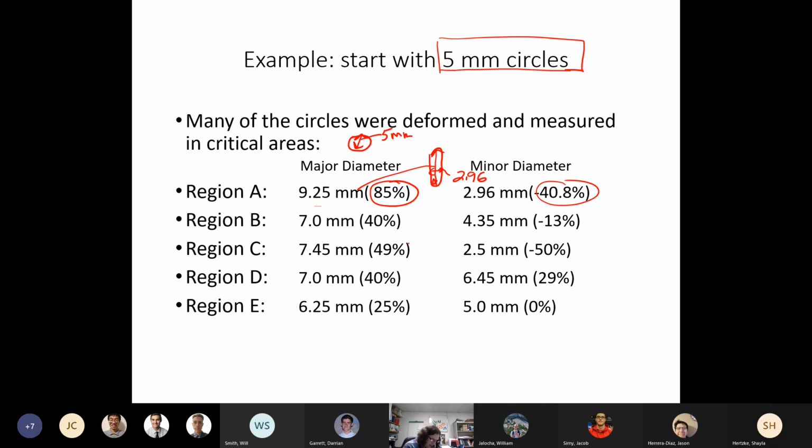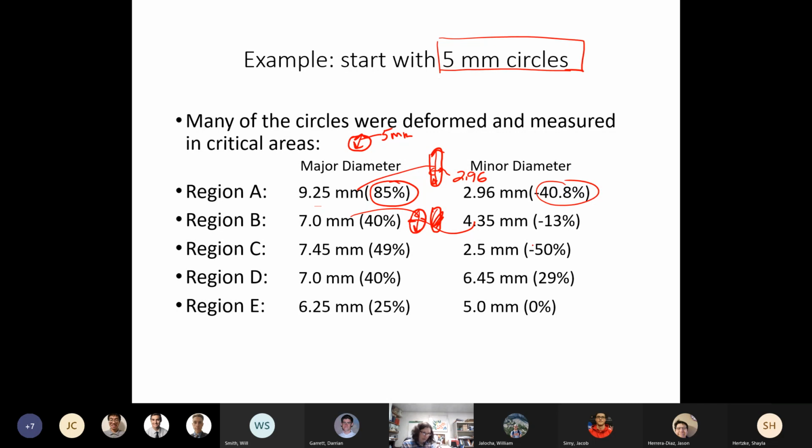For region B, we didn't have as much deformation, but we're still in this, actually. Region B is going to be more like this, where here we're at 7 and here we're at 4.35.